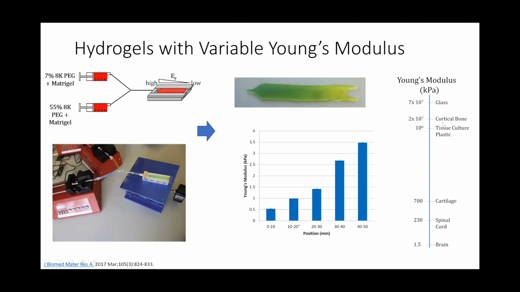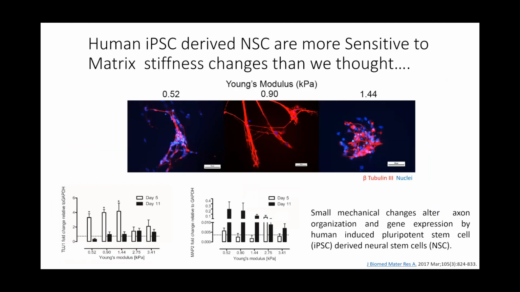And from the work of Dennis Discher, about a decade, actually about 15 years ago almost now, we know that these gross changes in mechanics can have huge effects on the lineage choice of our cells and how they behave. But what we did is we came in and looked at a much smaller regime, which people didn't think cells were quite as sensitive to.